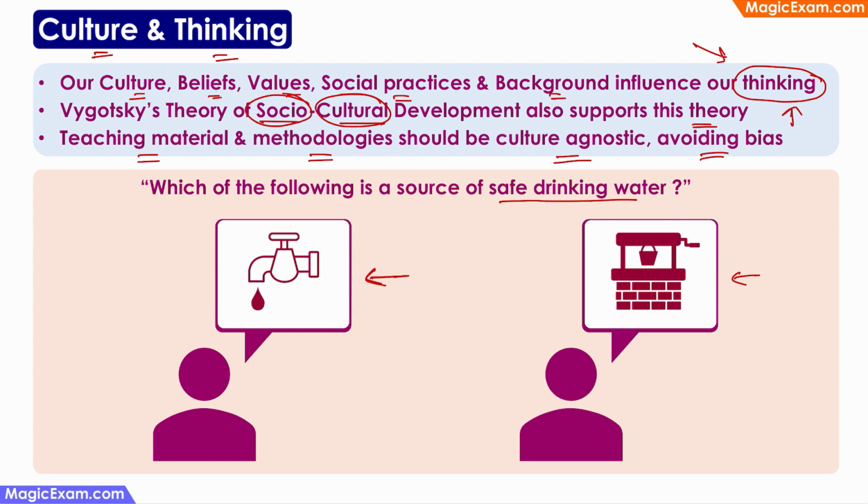If you look at it from a rural background, then well might also be a correct answer. Therefore, when I'm setting questions for an exam, they should not have any bias. I should assume and I should take into consideration that there will be children of different backgrounds and different cultures who will be taking this exam. Therefore, the teaching material, the assessment material and the methodologies that I'll use must not have any kind of bias based on culture. So that is the connection between culture and thinking.